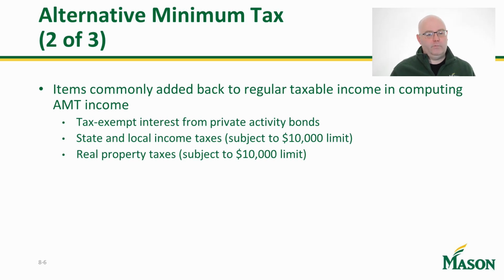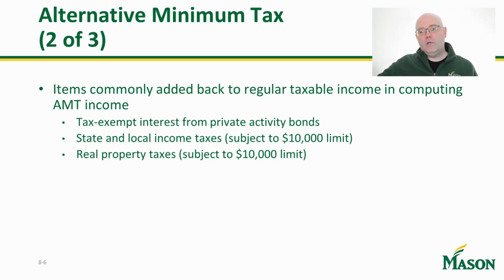Common add-back items. You're going to have tax exempt interest from private activity bonds. What's a private activity bond? So, if the county of Fairfax decides they want to build a library, they go out and say it's going to be a $10 million library. We need to sell bonds. I'm a patriotic citizen, so I decide I'm going to buy $10,000 worth of bonds. They sell them at $1,000 a bond.